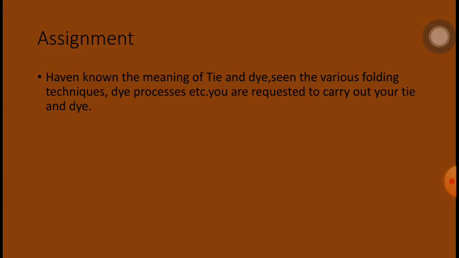It is now your turn. Get your white fabrics, wash them, and iron them. Choose any suitable folding technique you're comfortable with, then tie with your rubber bands, and do the needful so you can get your design. Thank you.